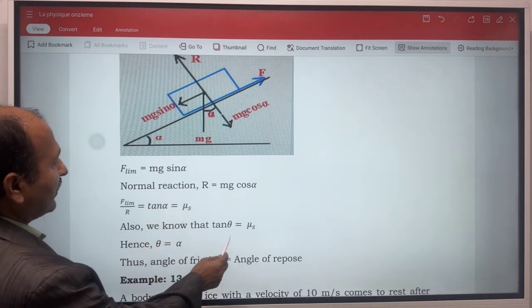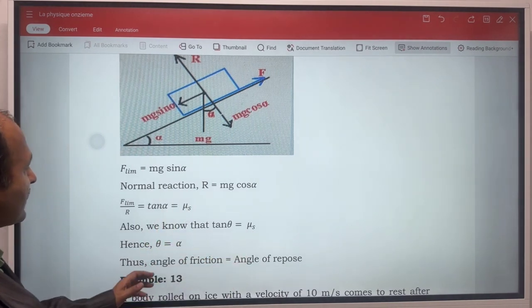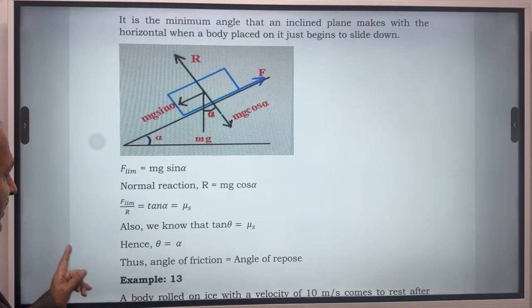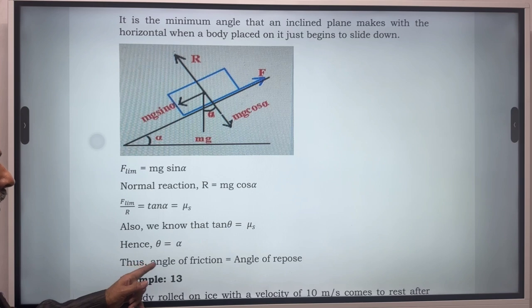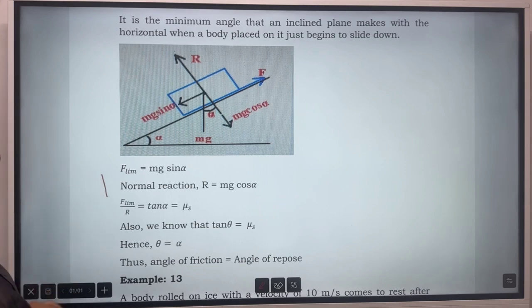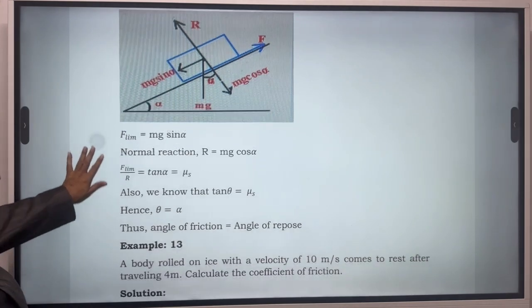But if you remember, tan theta equals mu s, so tan alpha and tan theta are the same. It means the angle of friction equals the angle of repose. I think you have understood. Now let's go to the next situation.